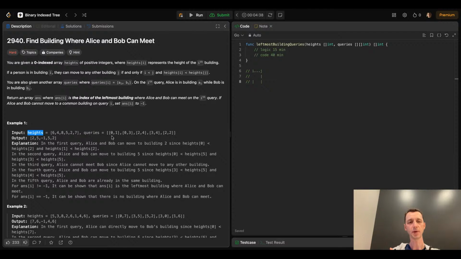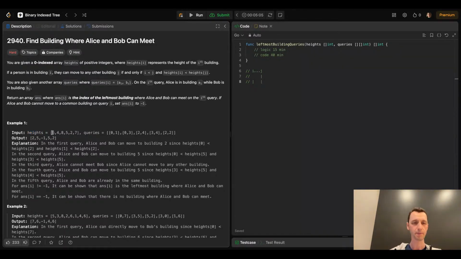For the first query, Alice and Bob can move to building 2, since heights[0] is less than heights[2] and heights[1] is less than heights[2].